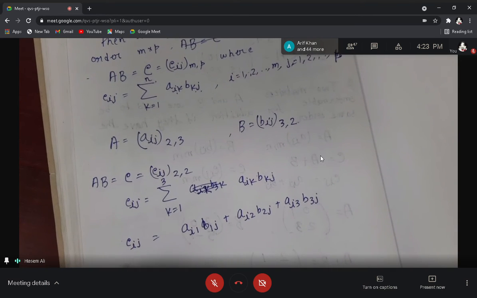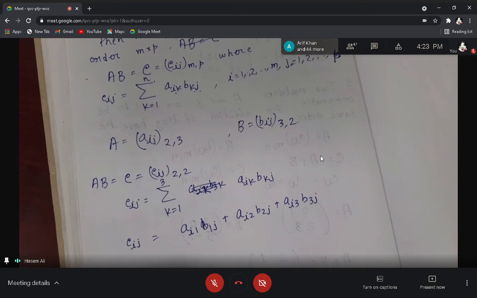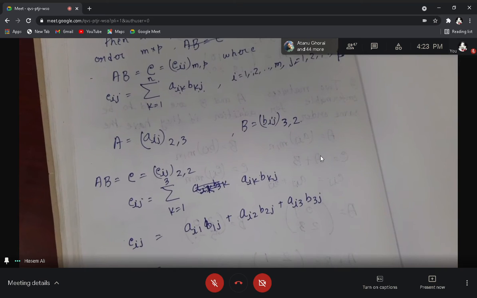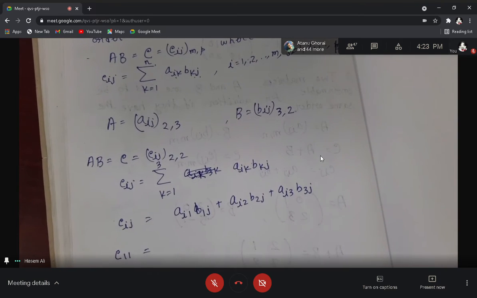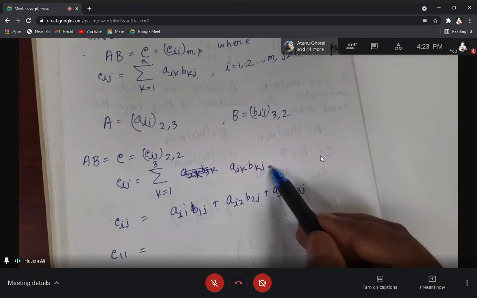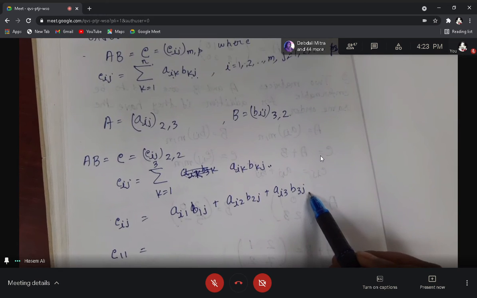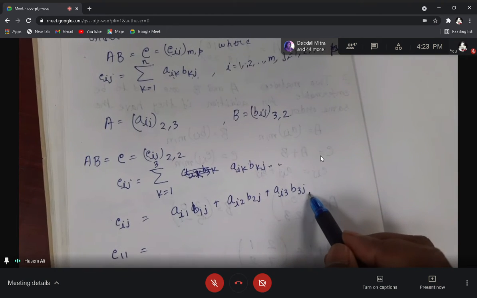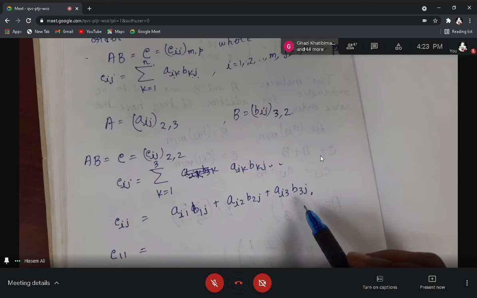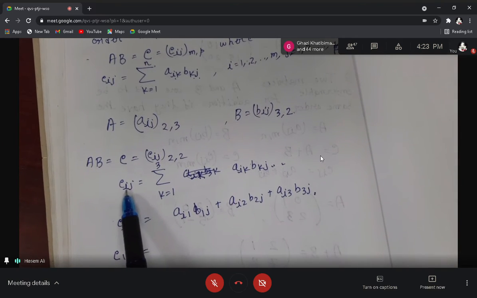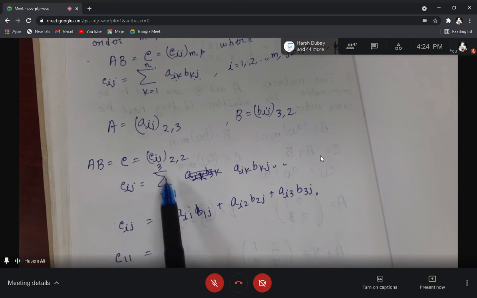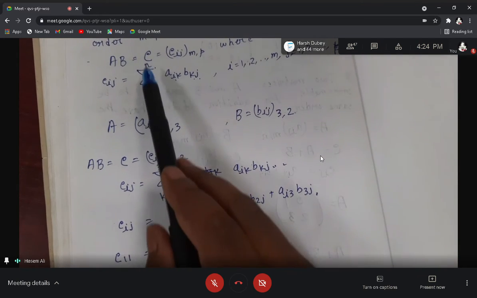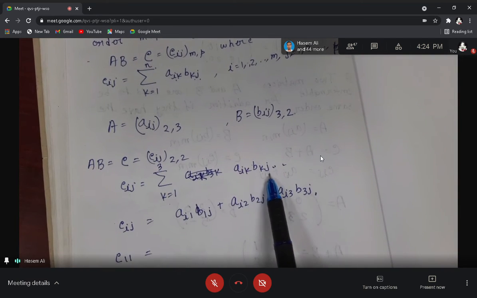Is it clear from this line to this line? The formula is Cij equals the summation of k equals 1 to 3, aik bkj.